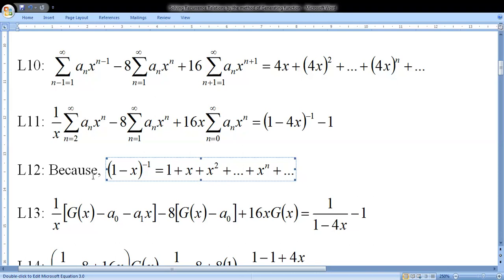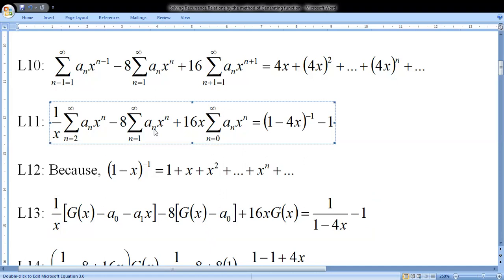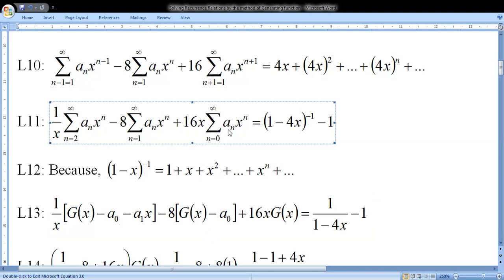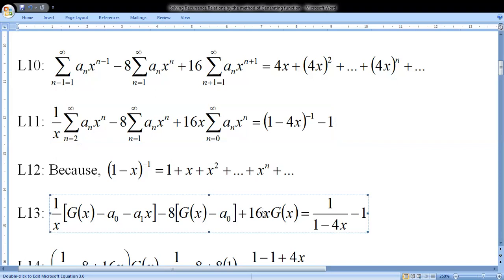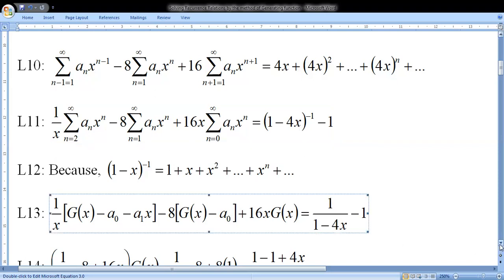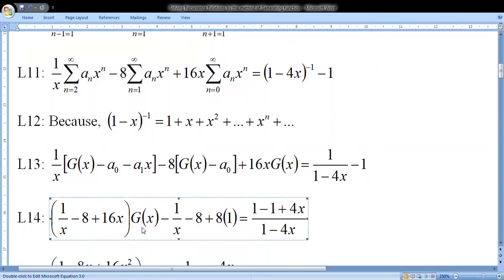So this sigma equals g(x) - a0 - a1x. In the middle term, sigma is running from 1 to infinity, so we are missing the term with n equals 0. So this sigma equals g(x) - a0. In line 11, the third term is sigma a_n x^n, which is the same as g(x). Now, in line number 14, I have taken g(x) common.